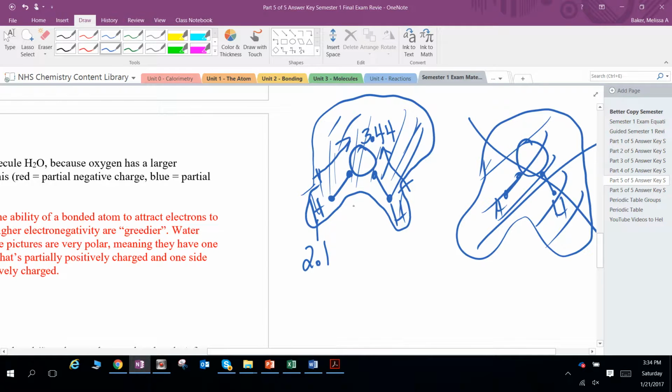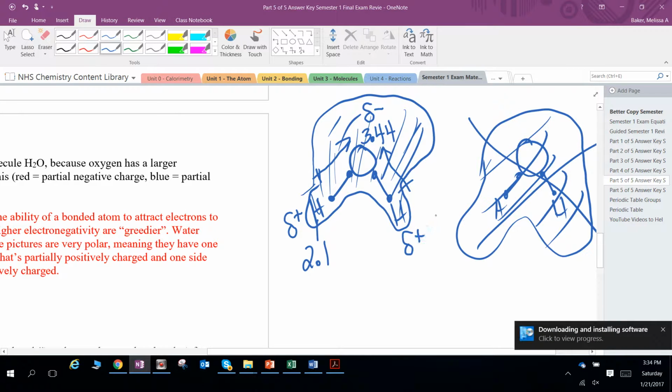Whichever one has the higher number gets the partial negative charge, and the other atoms get a partial positive. That's because electrons are negative, so if something is stealing some electron cloud, it will have that partial negative charge, versus the hydrogens have those protons in their nucleus that are positive, and now it's kind of like a cloud going over the sun.